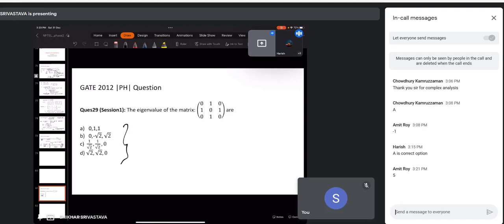Does everyone else agree that it is B, or does someone have some other answer as well? Any other answer? I don't see anyone.